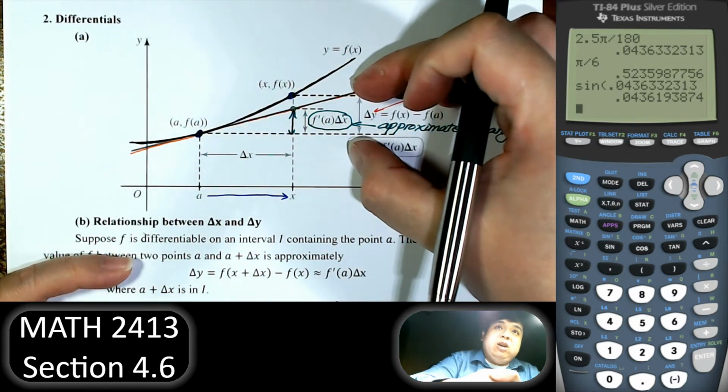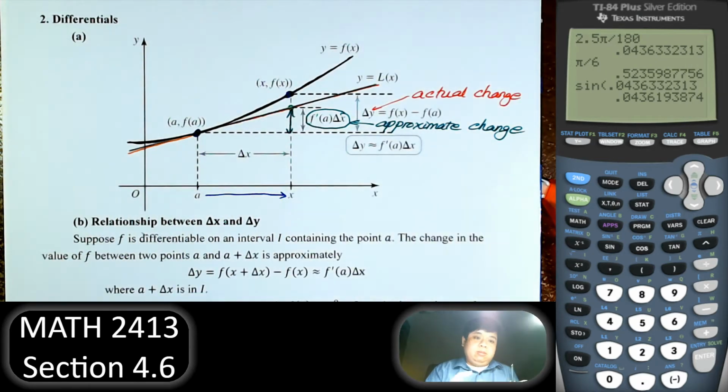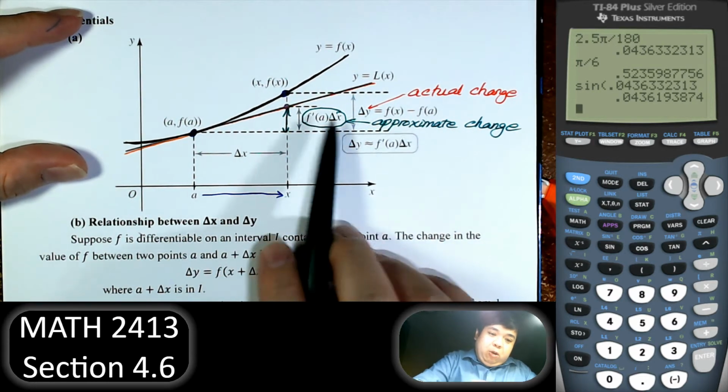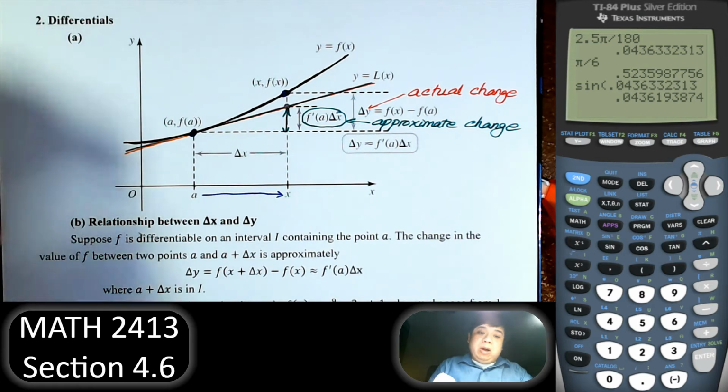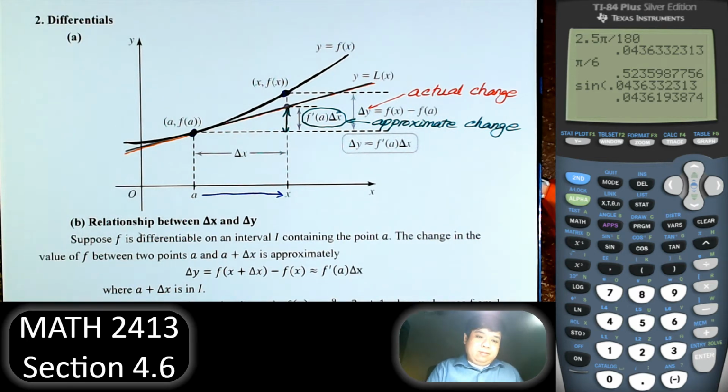So the exact values is the difference of two functions from the curve. And here we use the line to estimate the difference, and that is the approximate change. Right, so approximate change, we use the linear approximation. So what's that equal to?